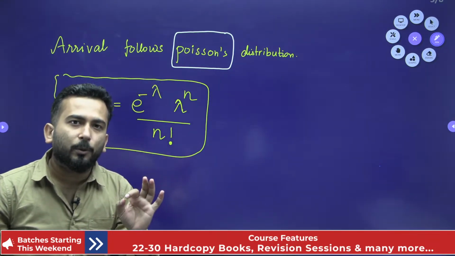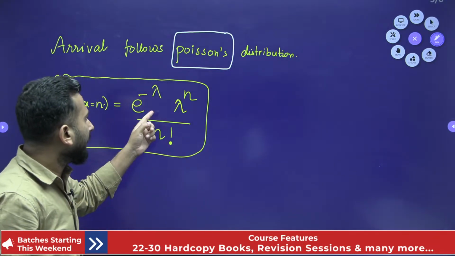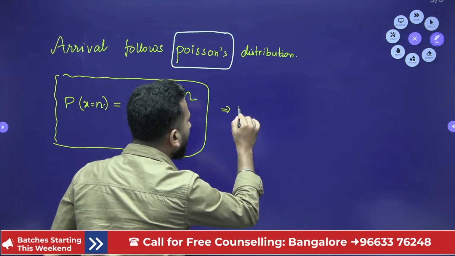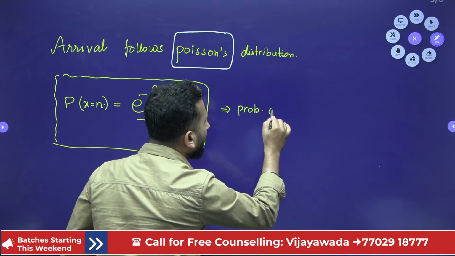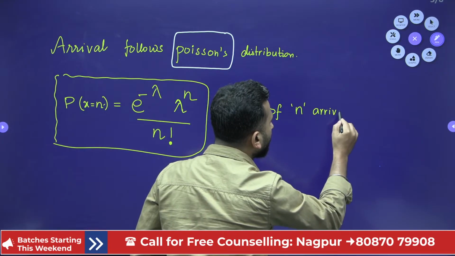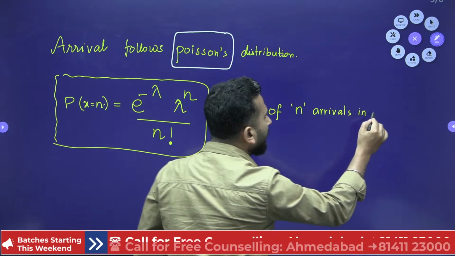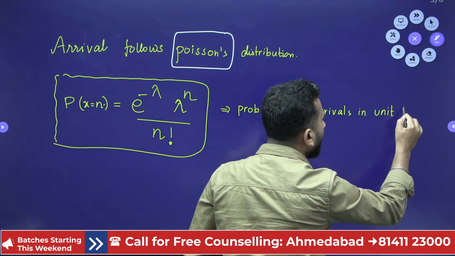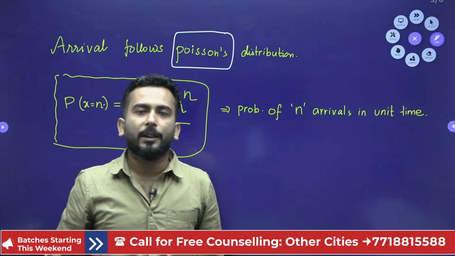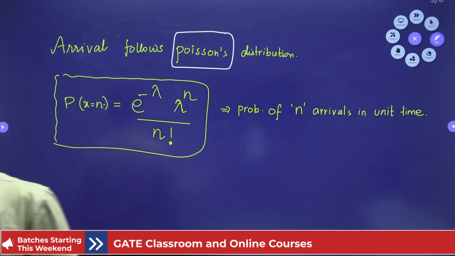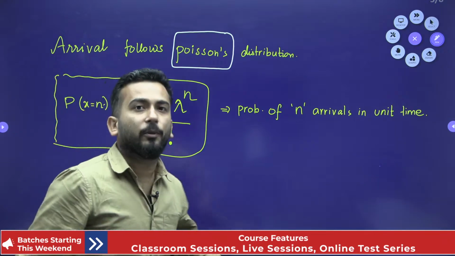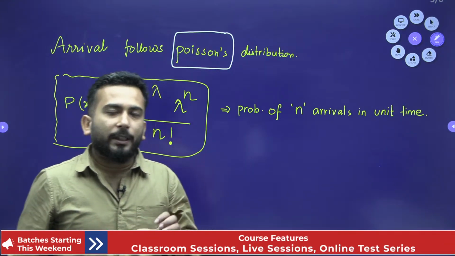So this is giving you the probability of n arrivals in unit time, my dear friends.